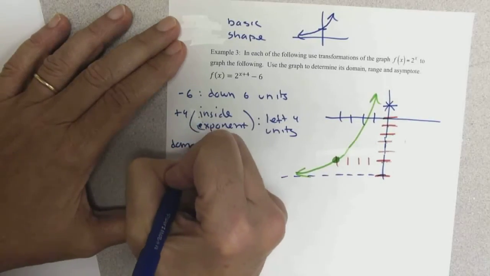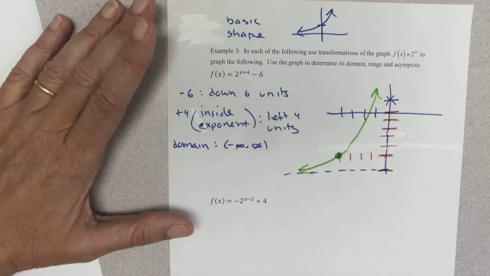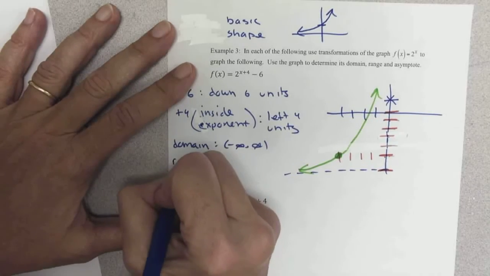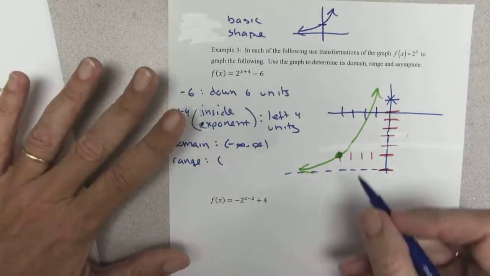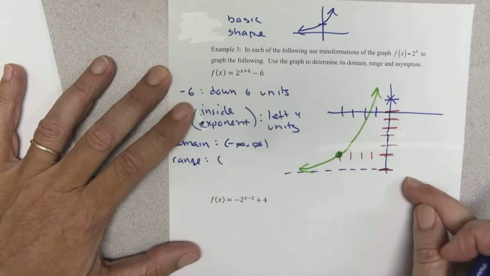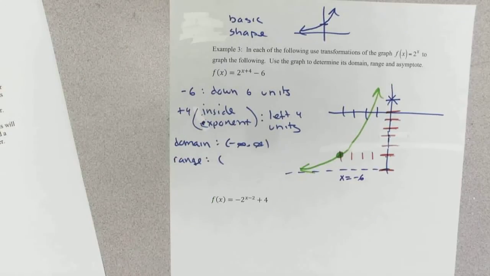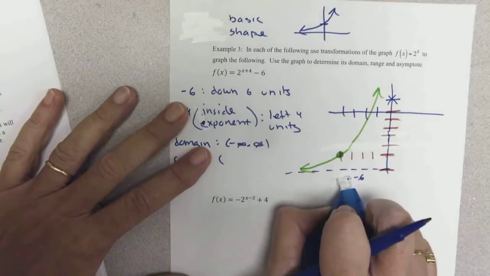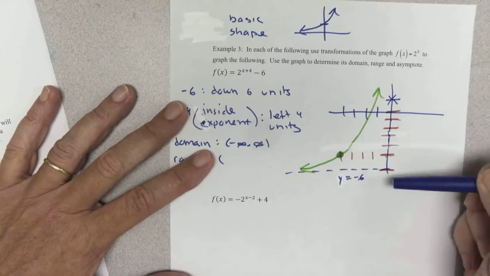My domain. It still goes left forever and right forever. The domain on all of these basic ones, a to the x, is always going to be negative infinity to infinity. Now the range can change. Remember, range is low to high. So I moved my asymptote down 6 units, and so this is now y equals negative 6, 1, 2, 3, 4, 5, 6.